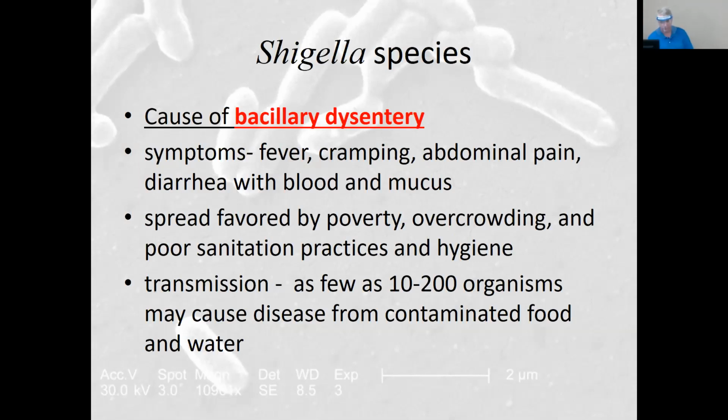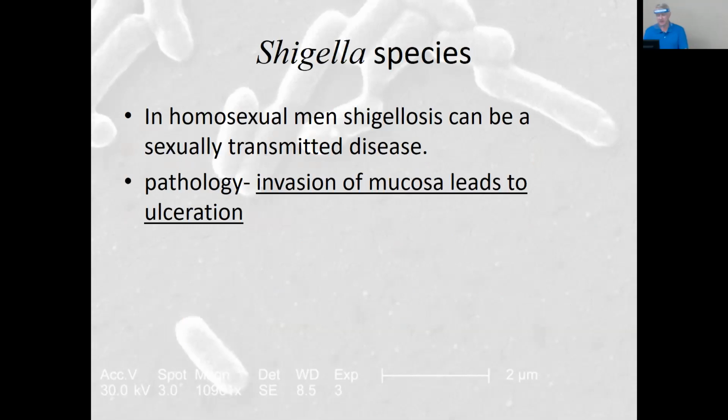So think about a loop full of bacteria put on some food, that'd be enough. With homosexual men, shigellosis can be sexually transmitted. Pathology: invasion of the mucosa leads to ulceration.